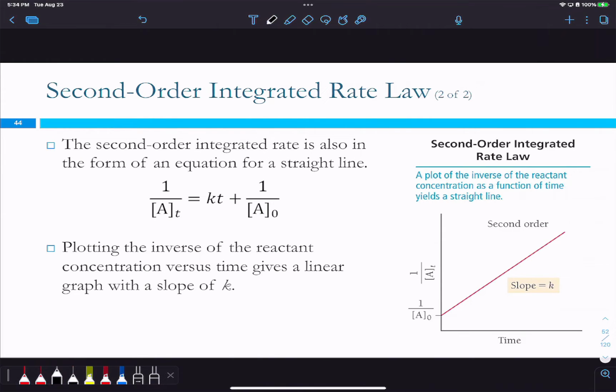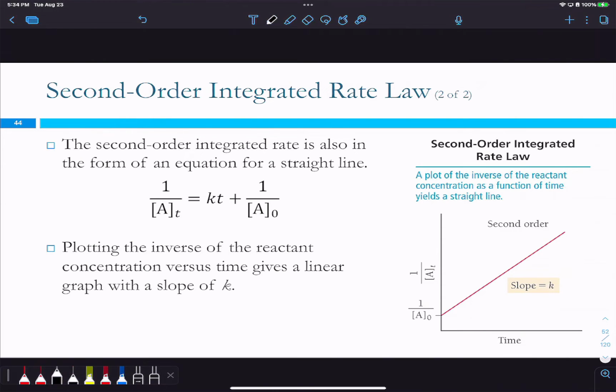Okay, so for the second order integrated rate law, we also get the same form for an equation of a straight line. But instead of being the natural log of each of the concentrations, it's the inverse of each of the concentrations. So we have 1 over the concentration of A at time t is equal to kt plus 1 over the concentration of A initial.